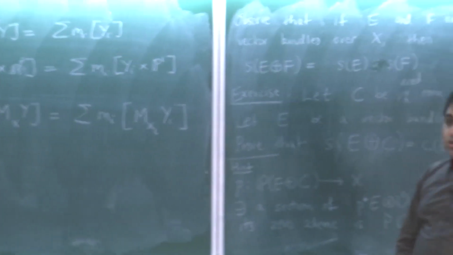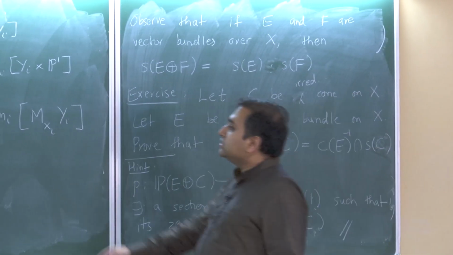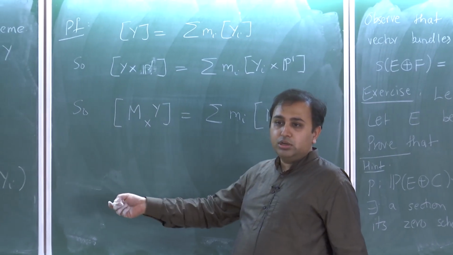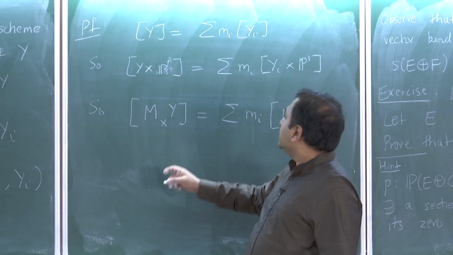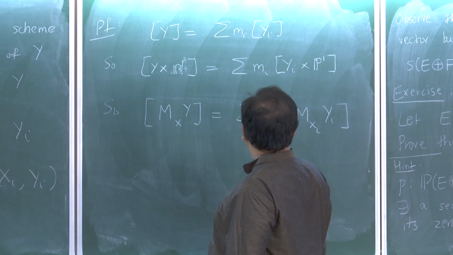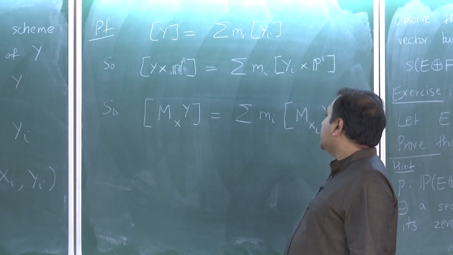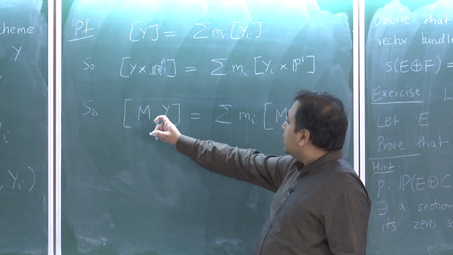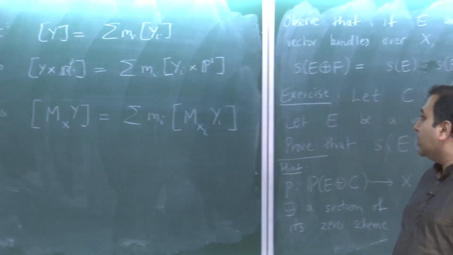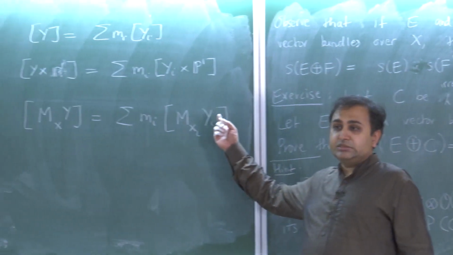Okay, and now what I want to do is take a divisor. I look at the exceptional divisor, not the slice over 0, and I want to restrict the exceptional divisor to each piece.